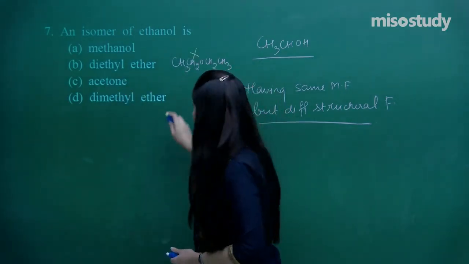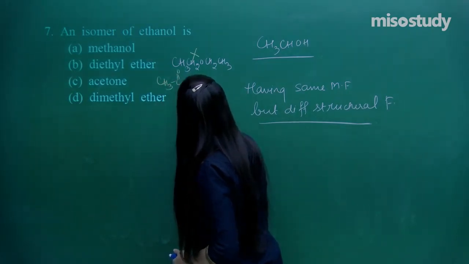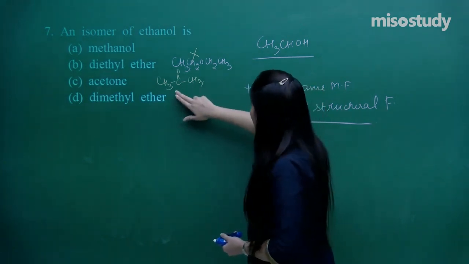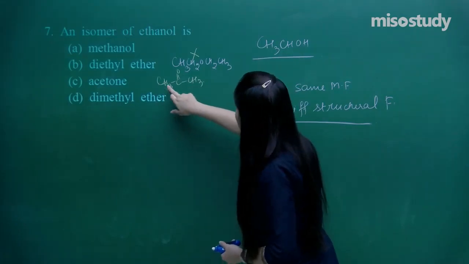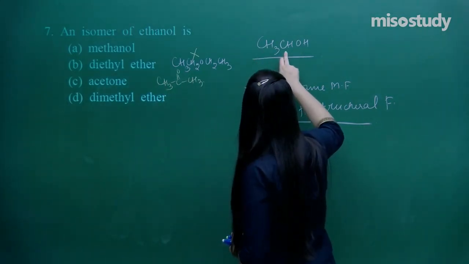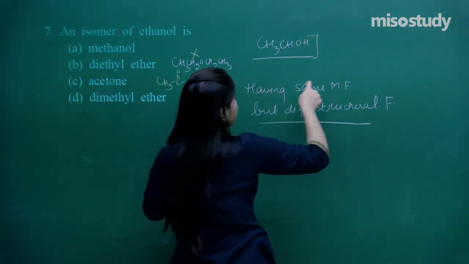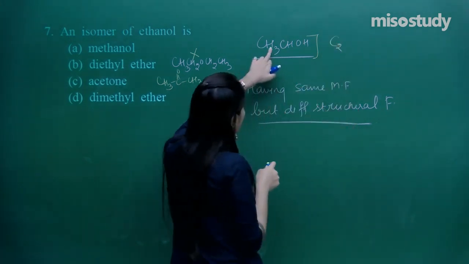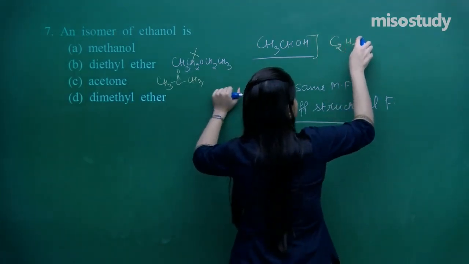Let's move on to the acetone. So that is what acetone is. I have got 6 hydrogens here as well, and 2 carbon atoms. Now the molecular formula, if you try to focus upon it: I have got 2 carbons, C2, H, how many H are there? 3, 4, 5, C2H5OH.